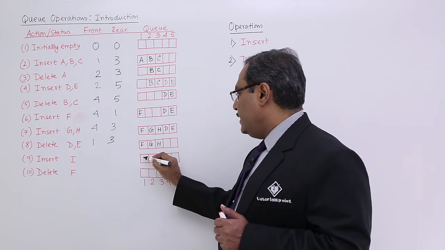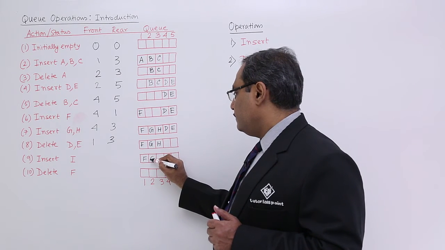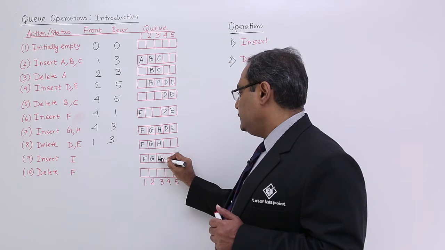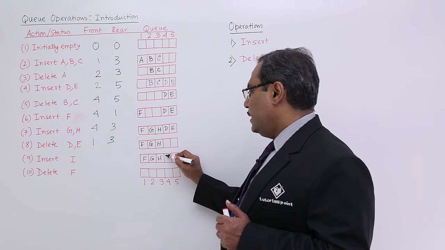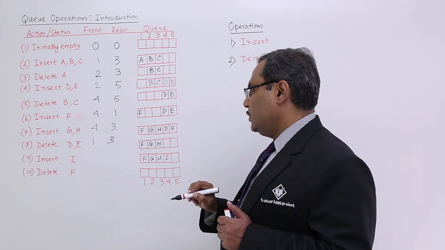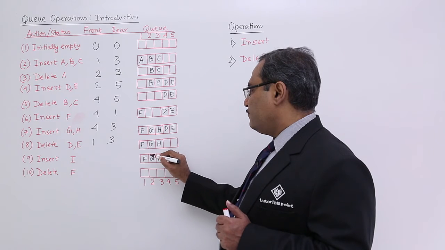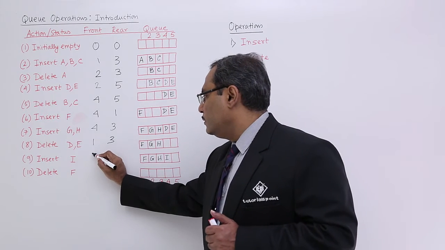Insert I. F, G and H will survive, and I will come at the last. So rear will change, and front will still remain 1.